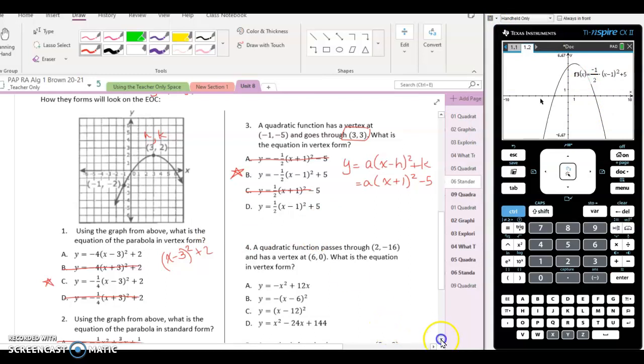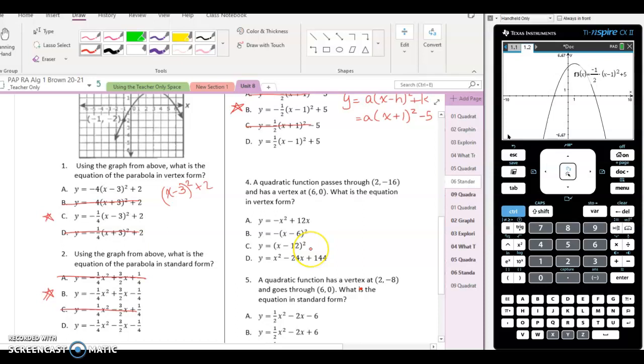All right, so we did good on that one, right? Number 4, we have a quadratic function that passes through the point 2, -16, and has a vertex at 6, 0. What is the equation in vertex form? The only one in vertex form has to be in the form of a times x minus h squared plus k.